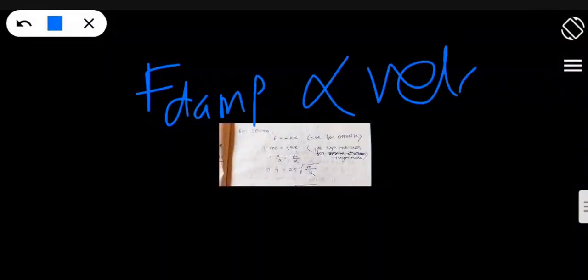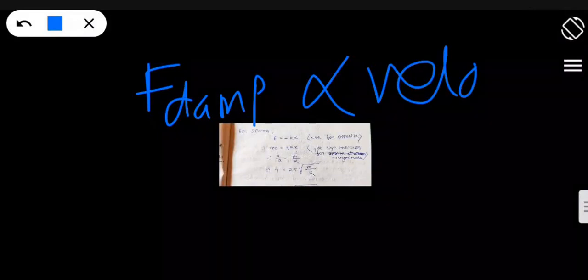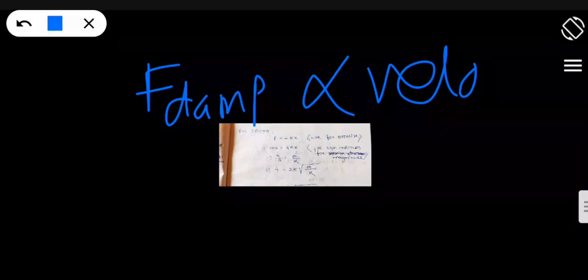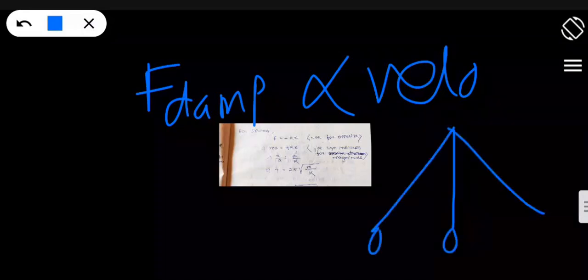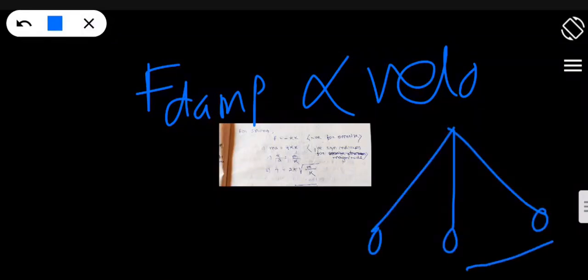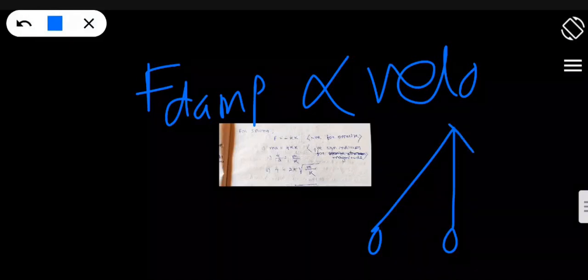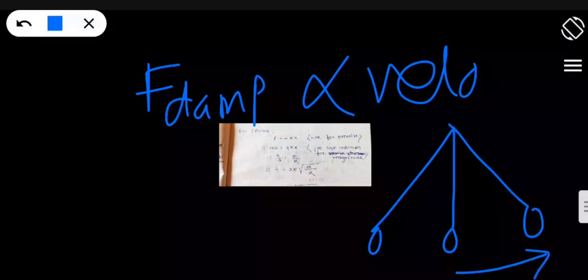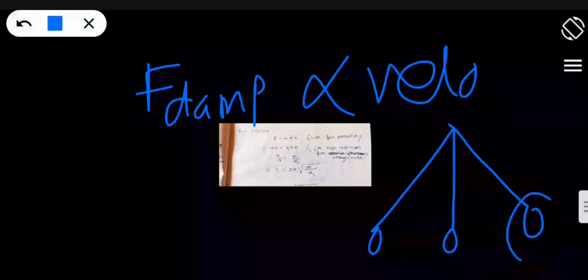Here the formula is force of damping. Force of damping is directly proportional to your velocity. Whenever your velocity acts in one direction, the force of damping will be in the opposing direction, because it wants to stop, obviously.